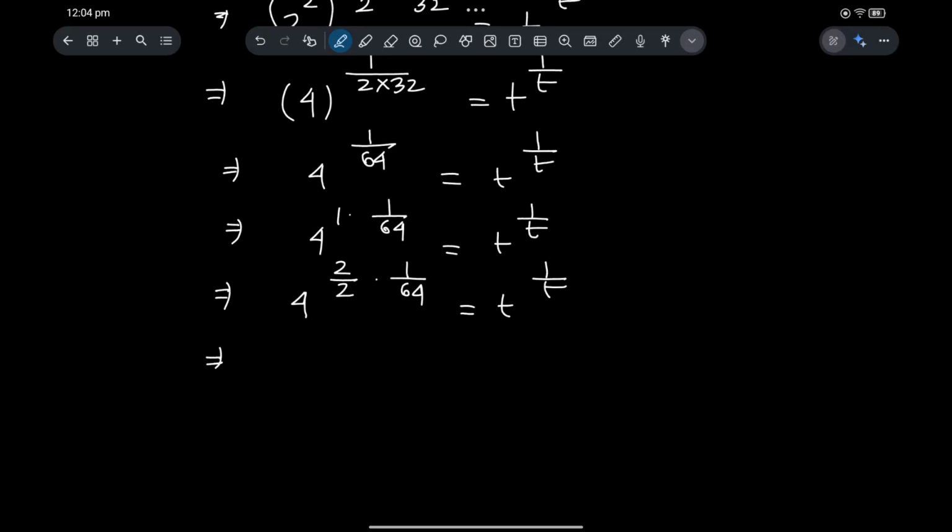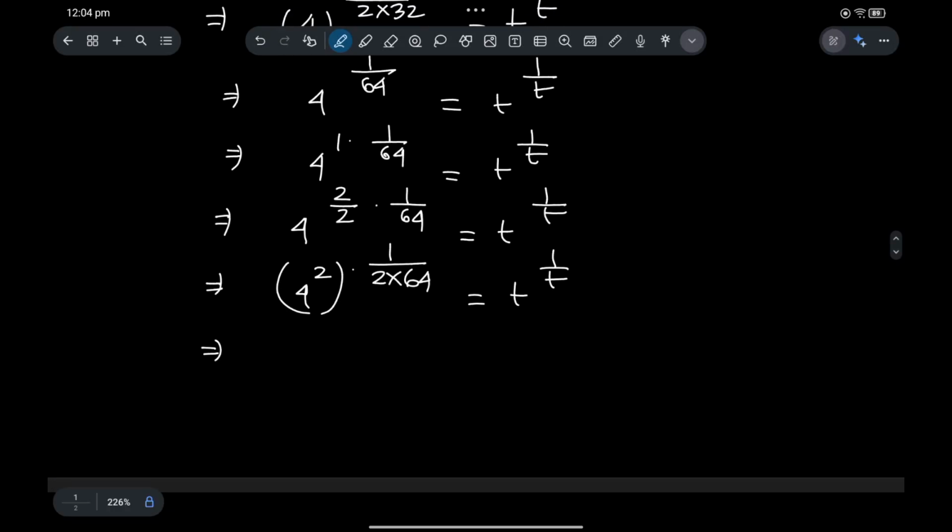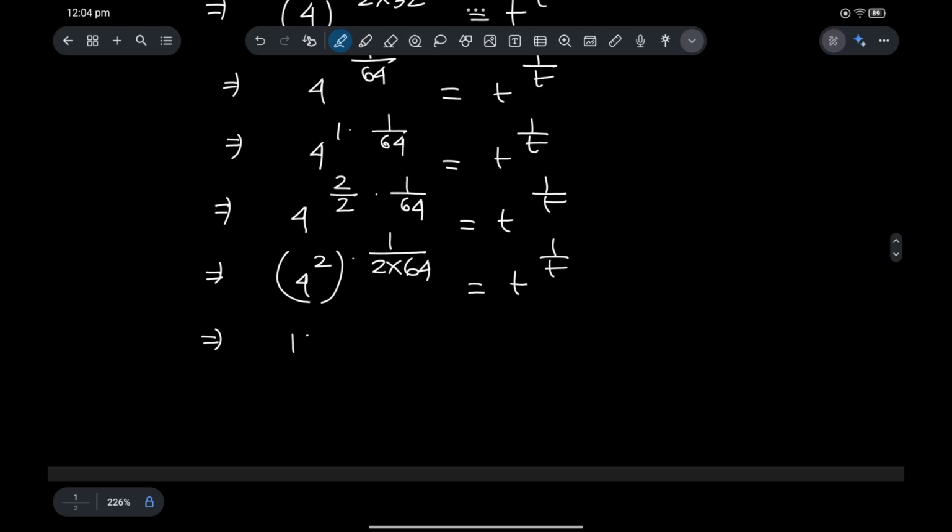Repeating the same process, that means 4 to the power 2 by 2 into 64 is equal to t to the power 1 by t. That implies 4 squared, that means 16, whole to the power 1 by 128 is equal to t to the power 1 by t.